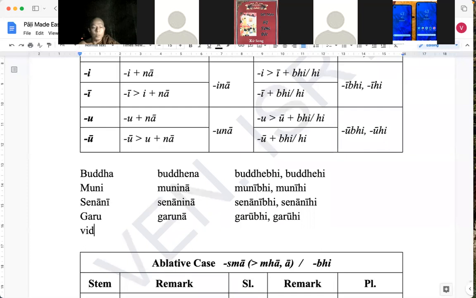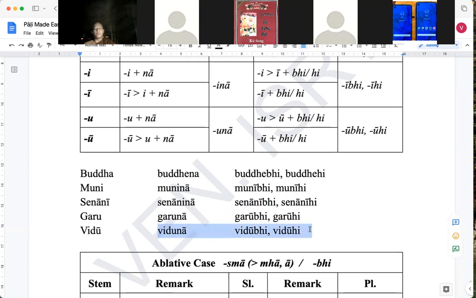So the same way, even though long one, but in singular, long vowel becomes short. We do Na. For plural, we do Bi, and then we do Hi, but silent. So Bodhina, Bodhibi, Bodhihi. So Munina, Munibi, Munihi. Senanina, Senanibi, Senanihi. So Garuna, Garubi, Garuhi. So we do Na, we do Bi, we do Hi.